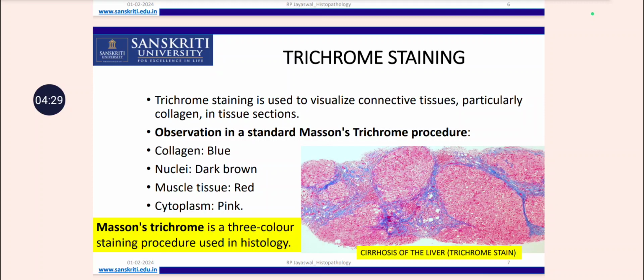This Masson's trichrome stain shows three colors, and this is the most common staining used in histology for observing the connective tissues. In this image, you can see the liver tissue after cirrhosis.